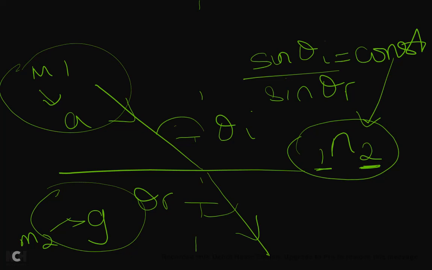Why? Because even if I change my values of incidence and refraction, I am still leaving air and entering glass, so my media are constant. And that constant value tells me the extent of refraction taking place as well. That brings me to my second law of refraction.